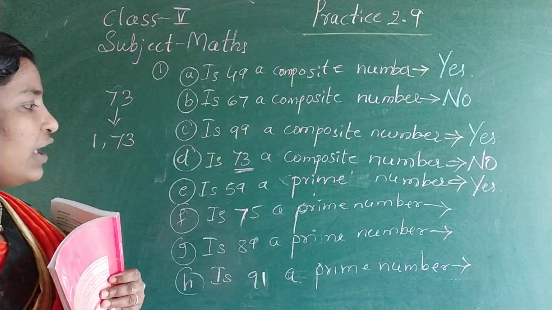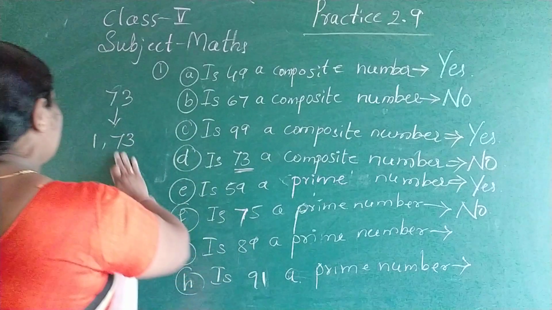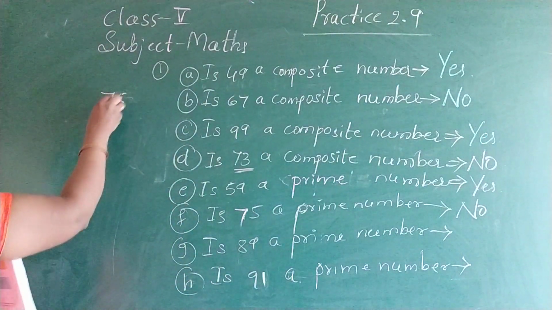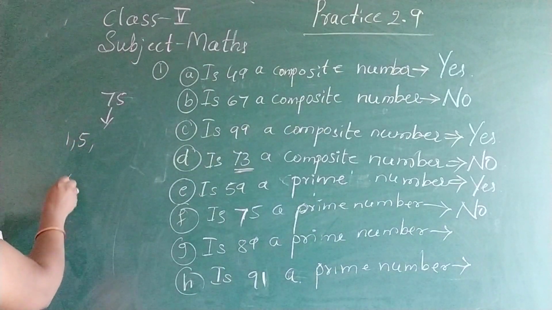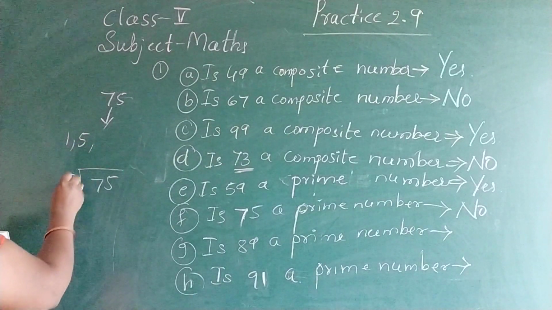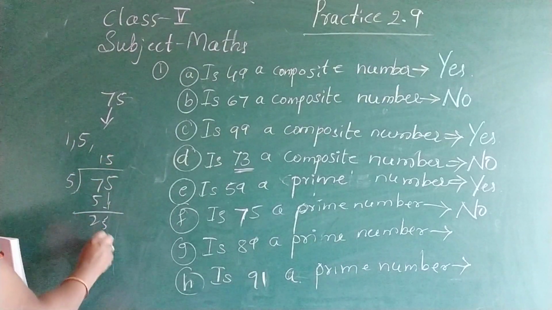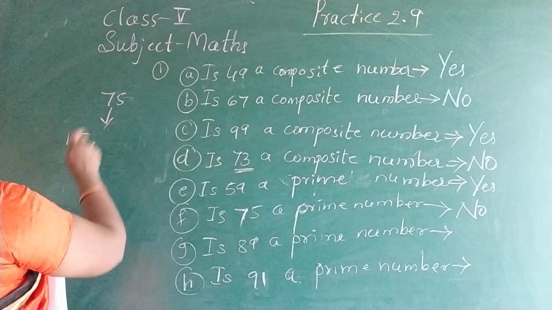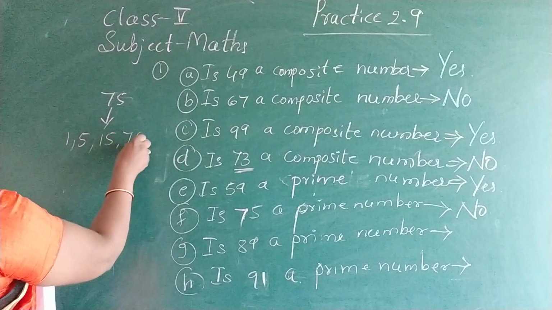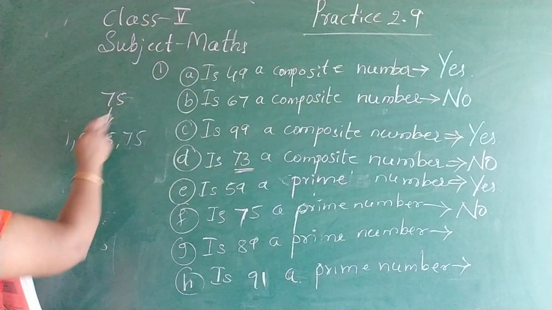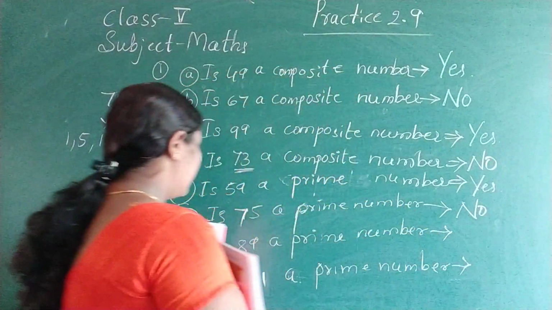Next, is 75 a prime number? No. I'll show you the factors of 75. 75 will divide by 5. 5 fives are 25. 5 fifteens are 75, 15 fives are 75, then 75 ones are 75. So 75 is not a prime number, it is a composite number.